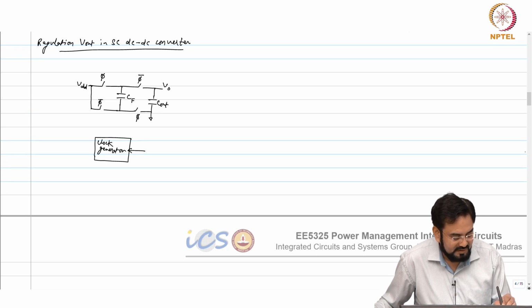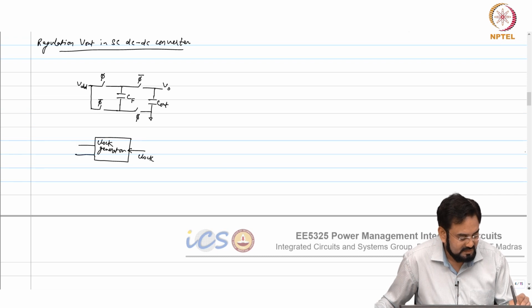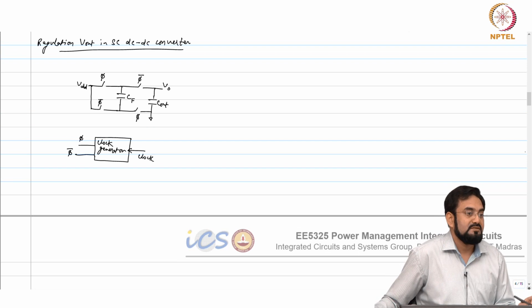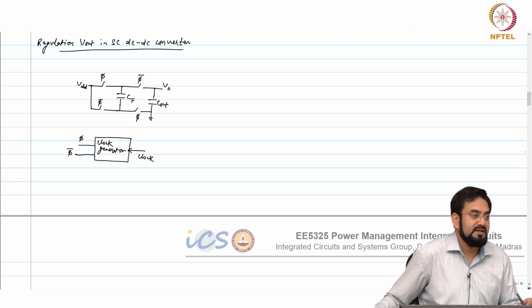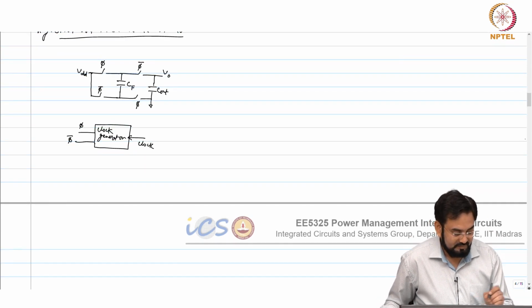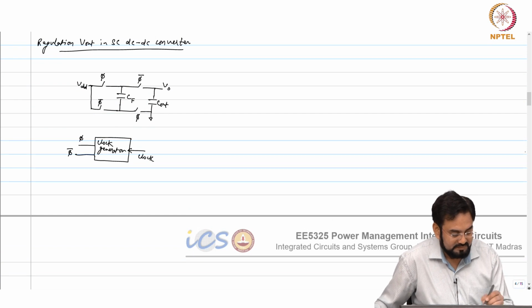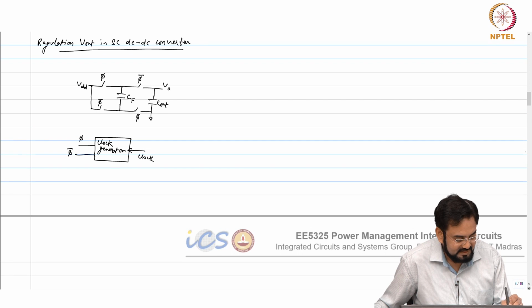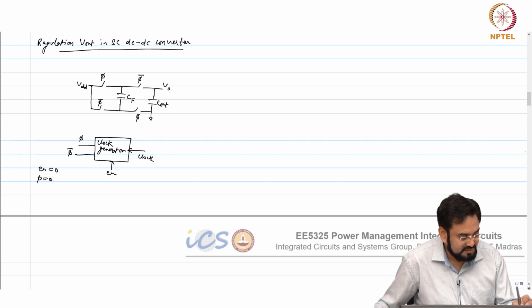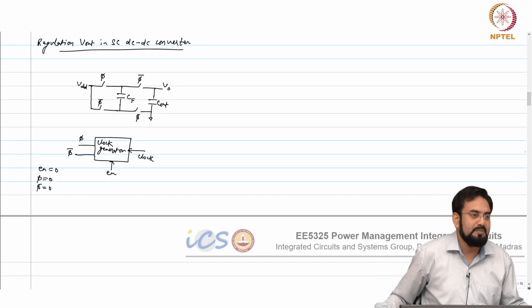It will get any clock input and generate phi and phi bar. And you can say it has an enable signal also. So when enable equal to 0, phi equal to 0 and phi bar equal to 0. Basically, all the switches are open.